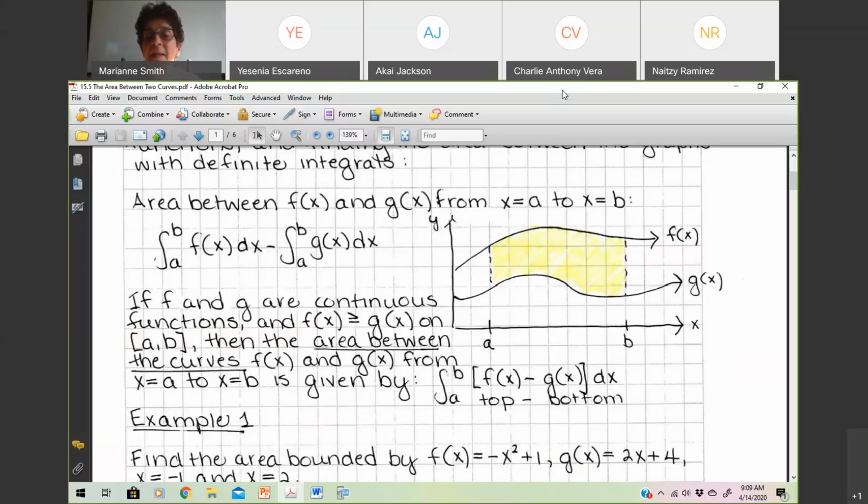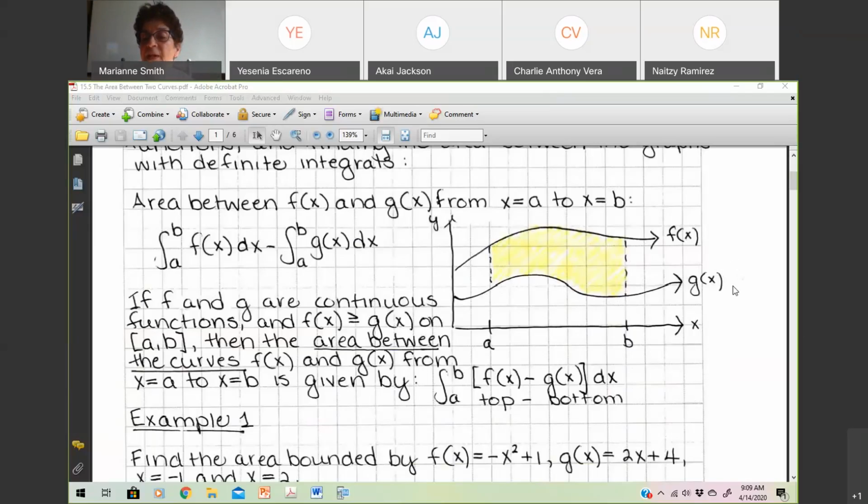Let me just stop and ask, does this concept make sense? Check in if you would, yes or no. Does the idea of subtracting the second lower integral from the top one make sense?